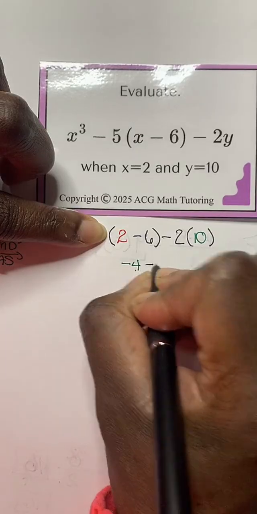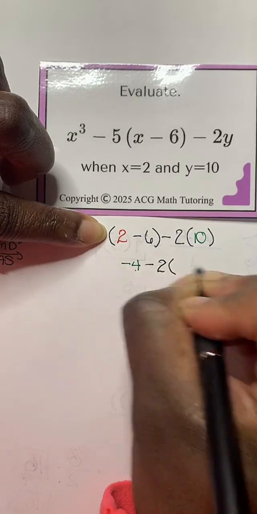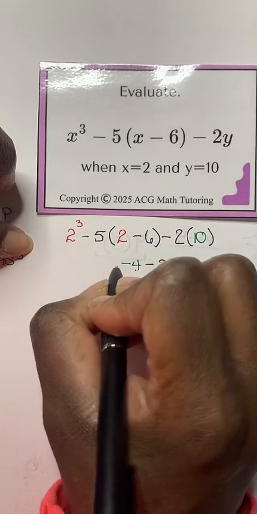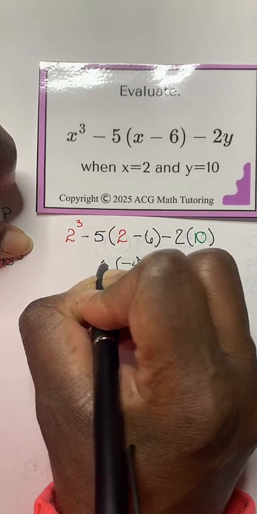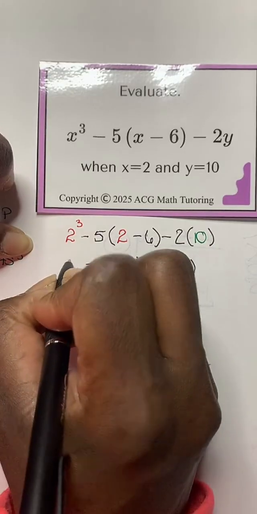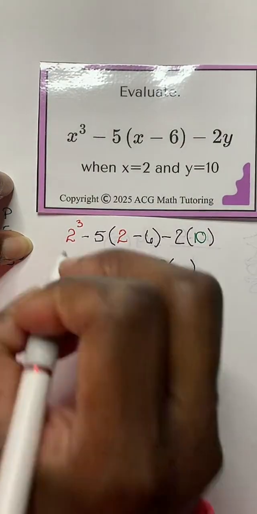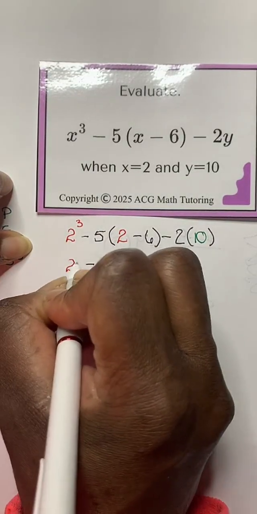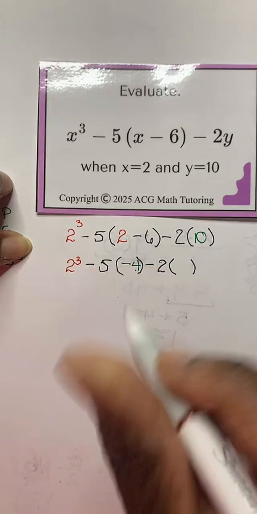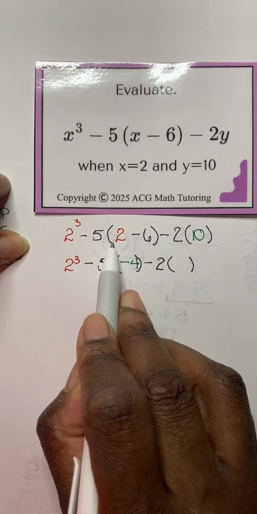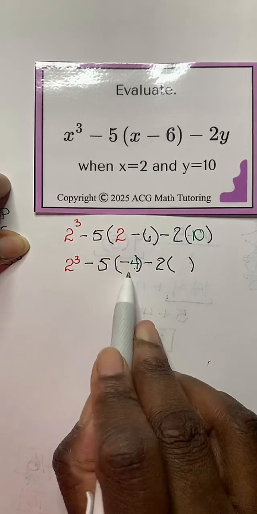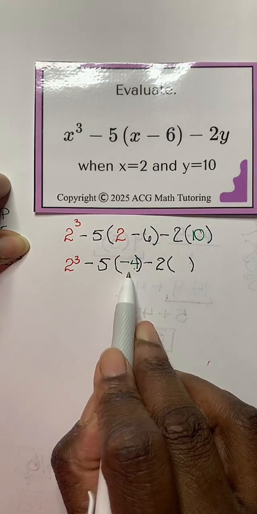So I'm bringing everything else down. I know a lot of us probably see our answers, and you're probably saying, well, Audrey, why are you putting that parenthesis around there? Because right here we have basically a negative 5 being multiplied to what we got for the answer of negative 4.